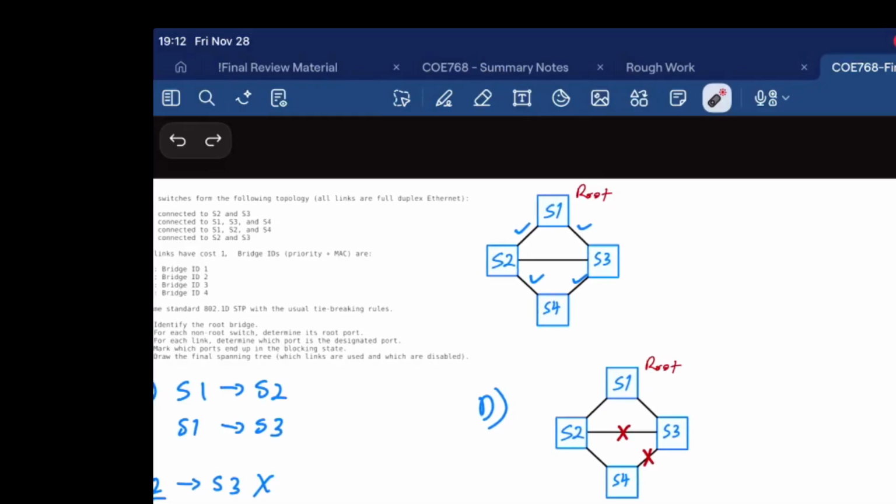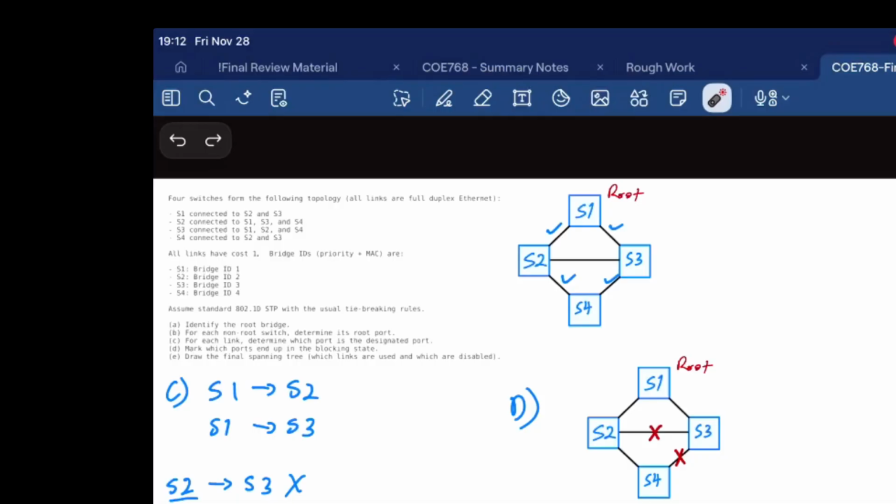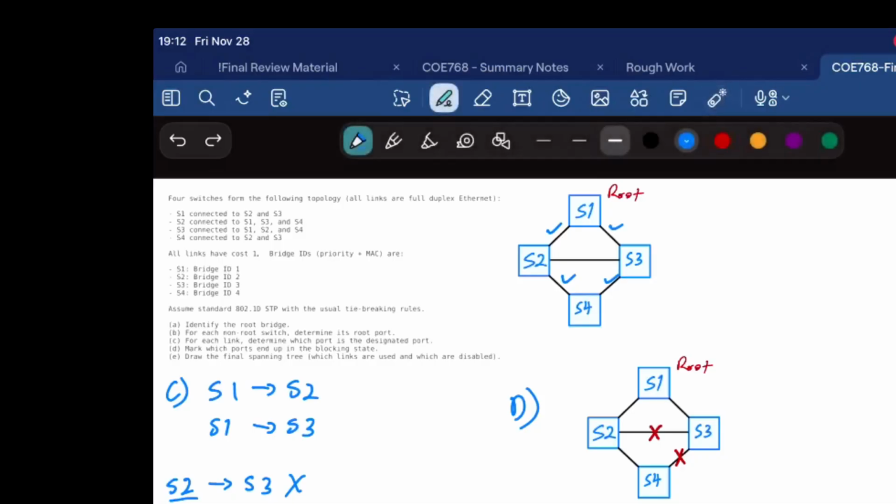Sorry, Krish. Just for part C again, because here we picked S3 and S4 to still stay on. Why is that the case? Why don't we turn it off here since we know it's already connected to S2?